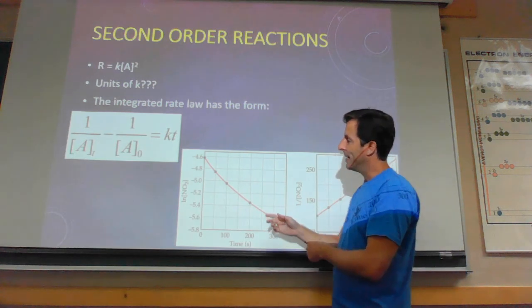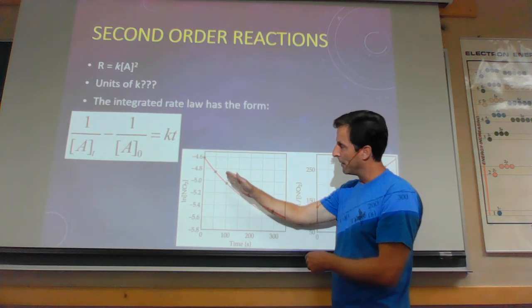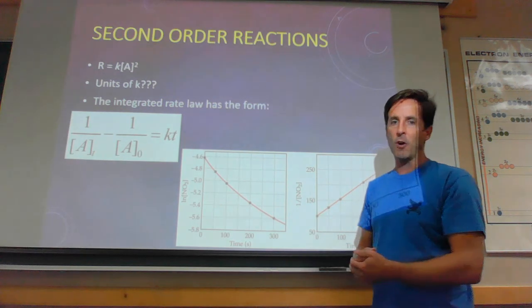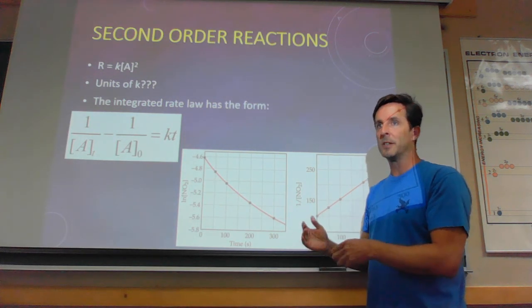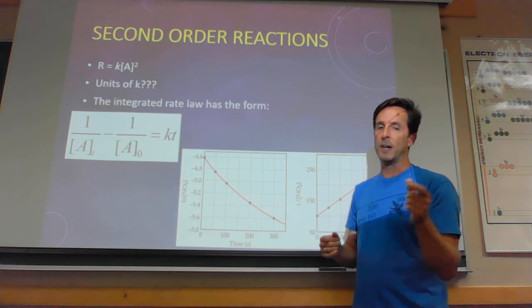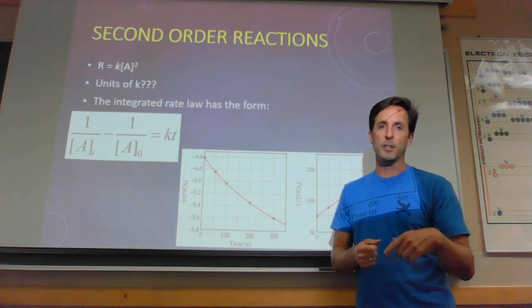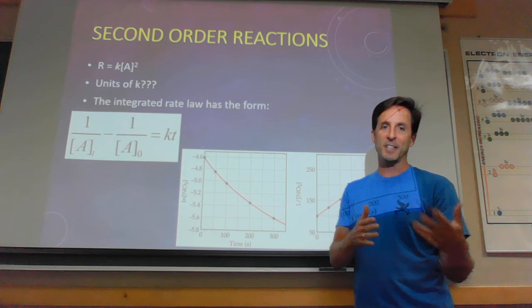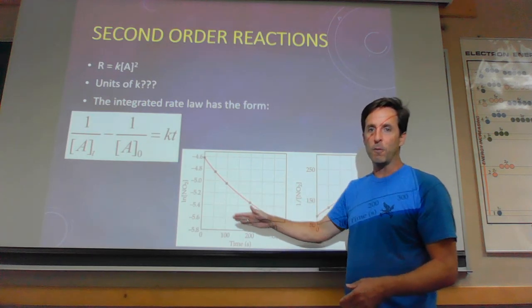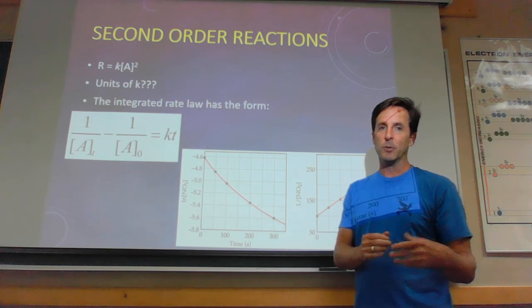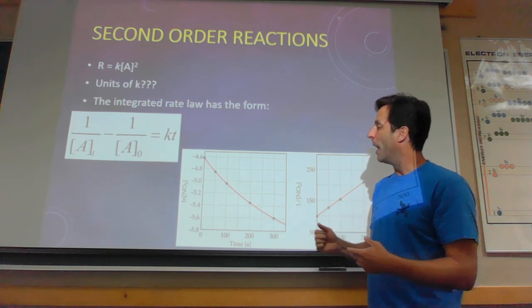In this case, it does have a little bit of a curve to it. If I did a linear fit, I would see the R squared value is not close to 1. The R squared value is the correlation coefficient. It measures how closely the data fits a line. Since I have a curve here, the correlation coefficient would not be ideal, which is close to a value of 1.